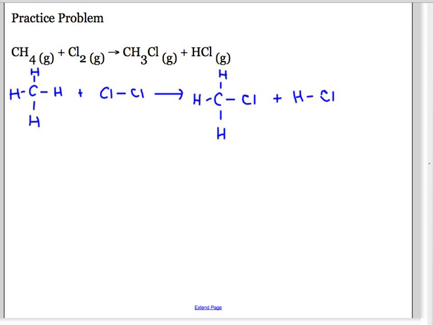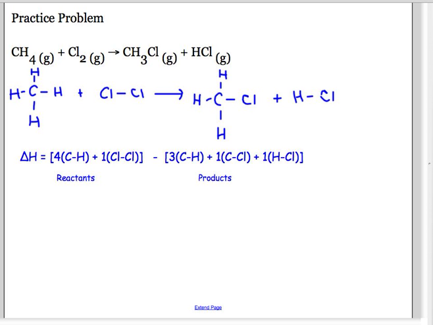So I'm going to show you what I'm going to plug in, and then we'll put the numbers in. What you see here is the formula for delta H, and I did all the bonds for the reactants minus all the bonds for the products. First I looked at my methane, and I saw there were 4 carbon to hydrogens. So I have 4 of those, and I also have 1 chlorine to chlorine.